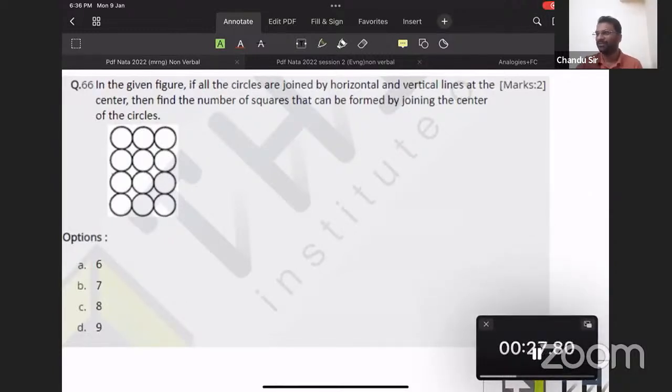I will look into your replies in the chat. You can find the time running over here. I'm waiting for your answers. You guys finish the figure first. Okay, finish the figure first. There is a technique or a trick for solving this counting squares question that we will discuss.